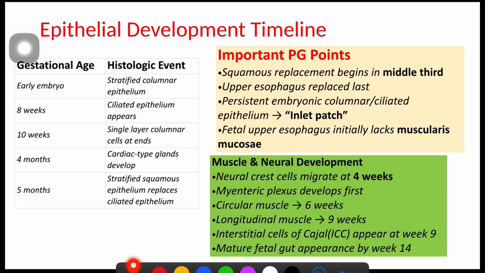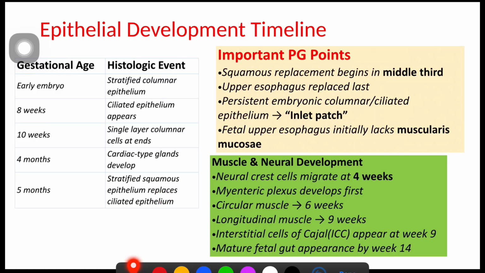The epithelial development timeline shows that at the earlier embryonic age there is stratified columnar epithelium. At 8 weeks, ciliated epithelium appears. In the 10th week, single layer columnar cells at the ends, and at 4 months, cardiac type glands develop, and at 5 months, stratified squamous epithelium replaces this ciliated epithelium.